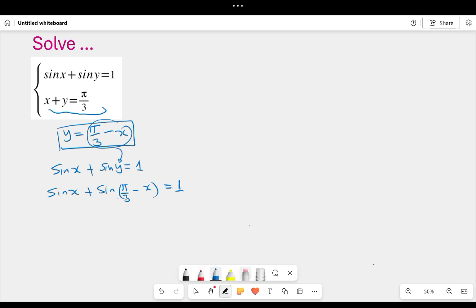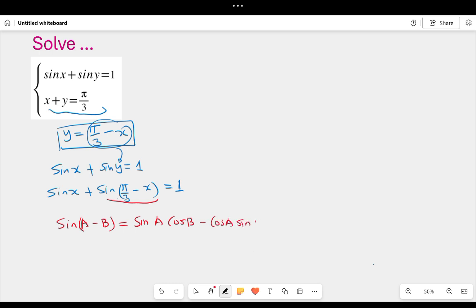Now, when you look at the second part of this equation, I want to remind you about a very interesting two-angle formula for sine. We know sine of A minus B is simply equal to sine A cosine B minus cosine A sine B. And therefore, in this case, the pi over 3 is our A, then our B is x.